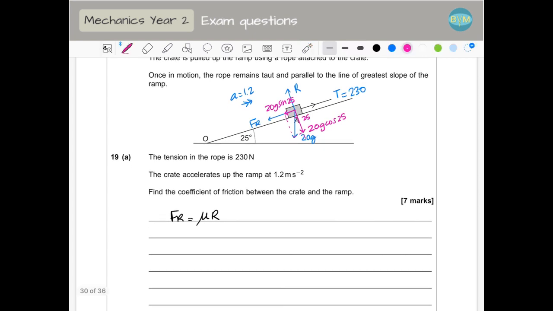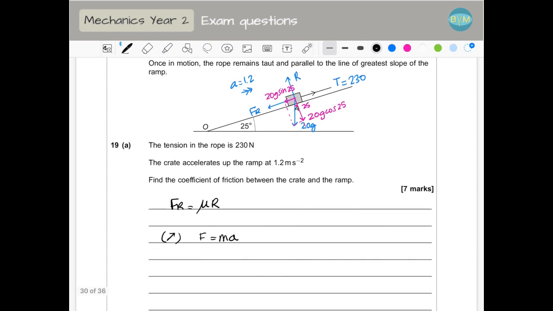So parallel to the slope, equation of motion, F is mass times acceleration. The resultant force when it goes up is the tension minus the friction minus the component of the weight.